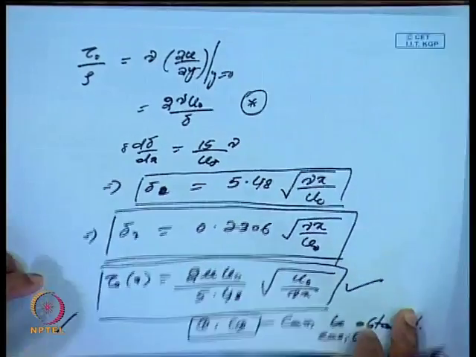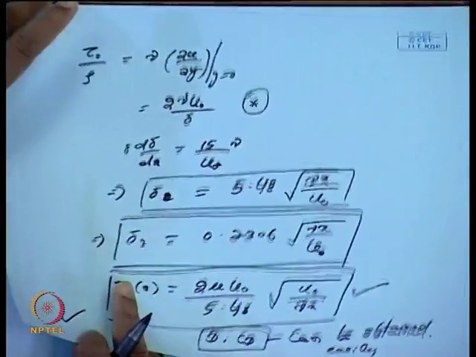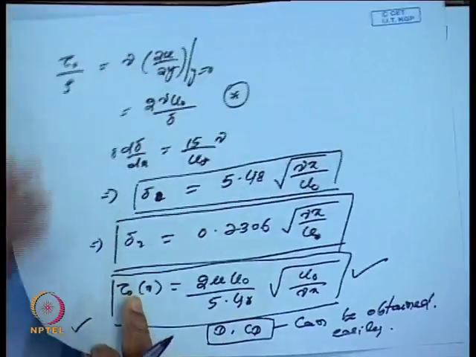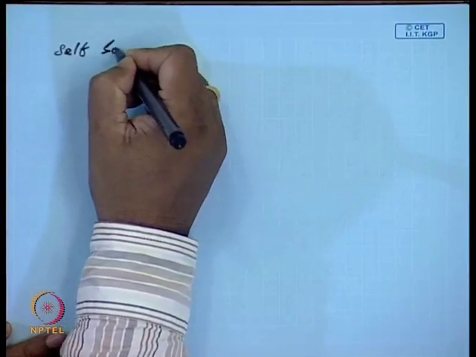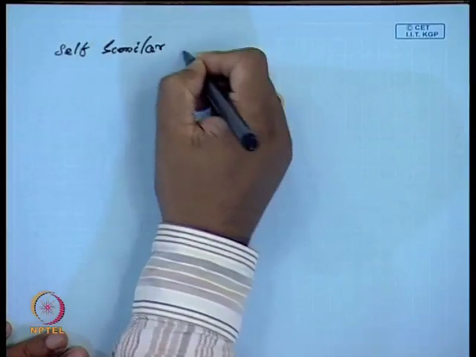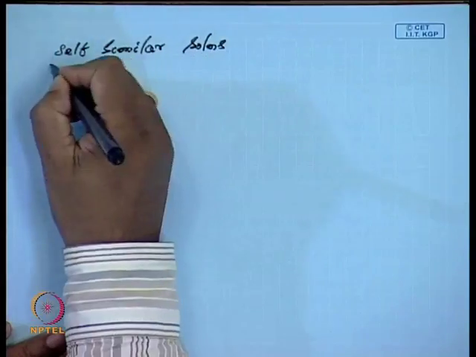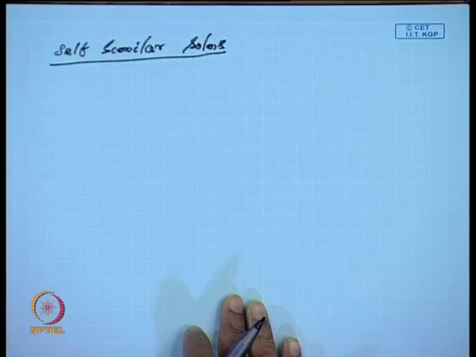As I have mentioned, this momentum integral method is suitable not only for boundary layer flow problems, but also for turbulent flow problems. On the other hand, when you look into self-similar solutions, they are restricted to a simple class of problems. It is not suitable for all kinds of problems.